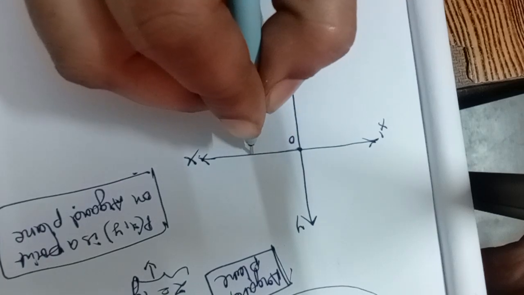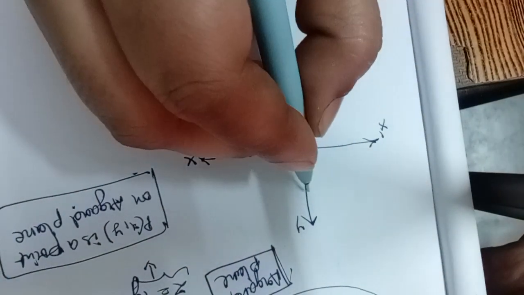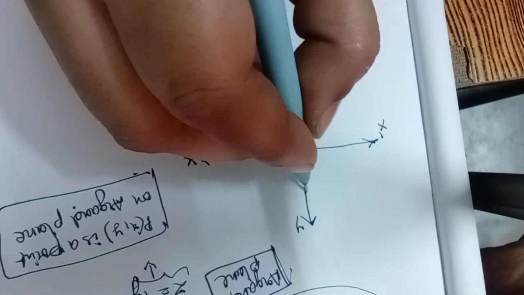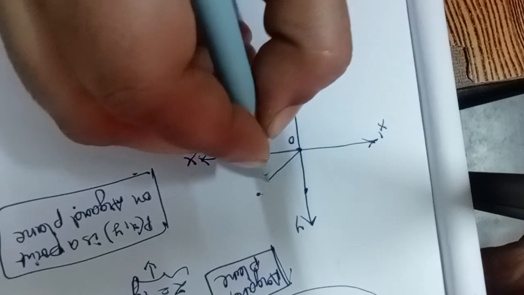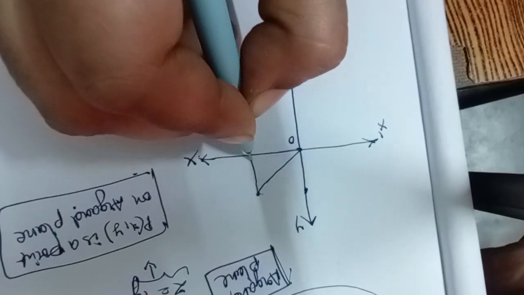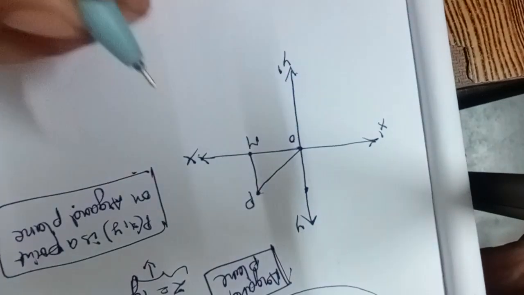From here to here it will be x, and from here to here it will be y. This will be the point. Let us call this point P and let this foot be M.